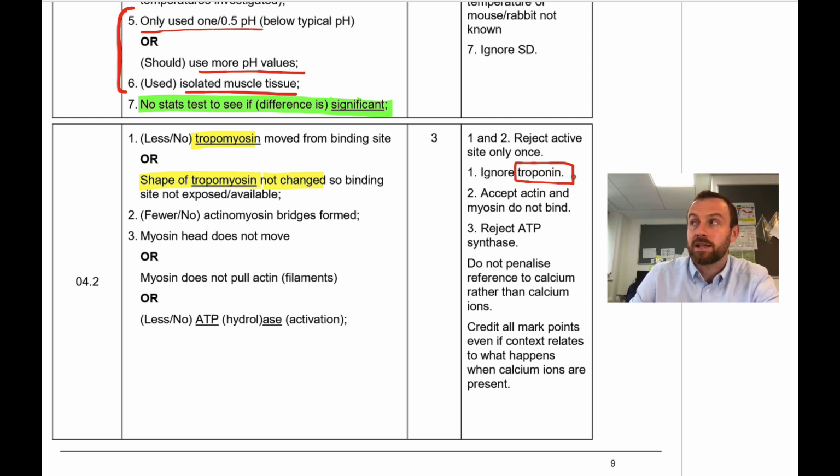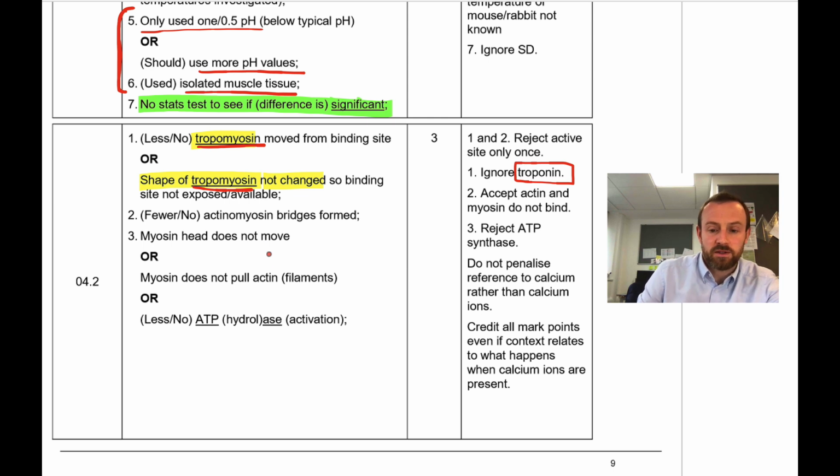It's tropomyosin that changes shape. So you do need to mention tropomyosin. If you mention troponin and tropomyosin, no problem, but tropomyosin is the thing you need to mention. So less tropomyosin is moved away from the binding site, or the shape of the tropomyosin is not changed. So the myosin head cannot bind.